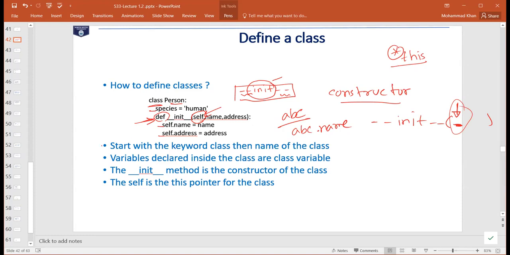So in summary, for classes in Python, we start the class with the keyword class, and then we can define variables inside the class. Like here we defined one variable, species, and it will have class scope. The init method is the constructor of the class, and the self pointer normally refers to the instances of this class.